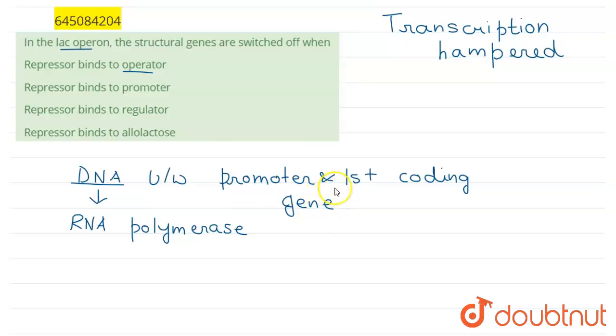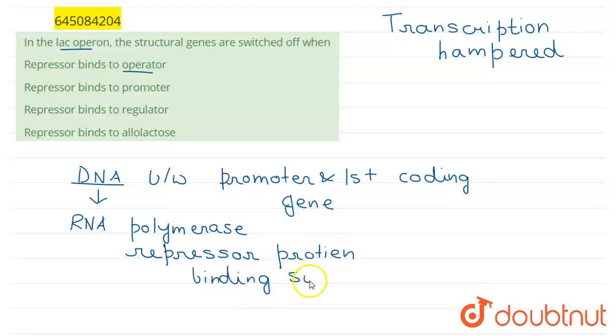So this region then becomes a repressor protein binding site. I'm writing it down for you. This region becomes a repressor protein binding site, and thus the structural genes are switched off. So this first option can be the right option for our question, but let us see the other options.